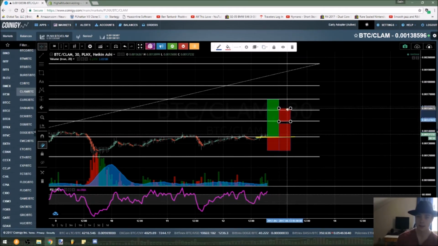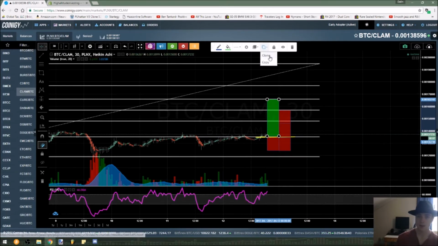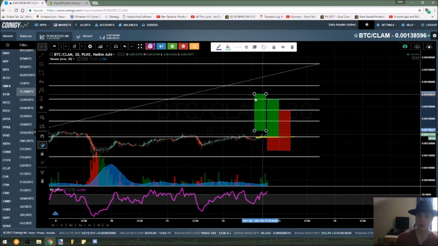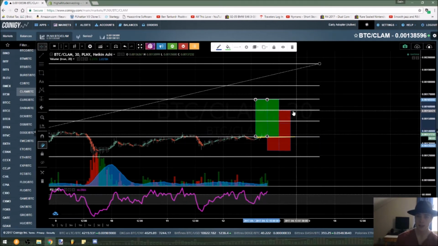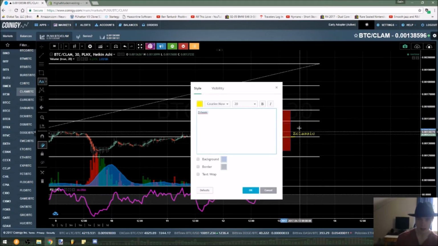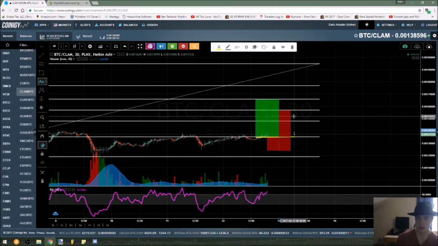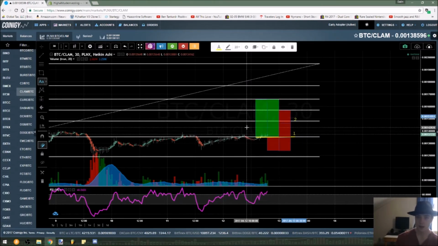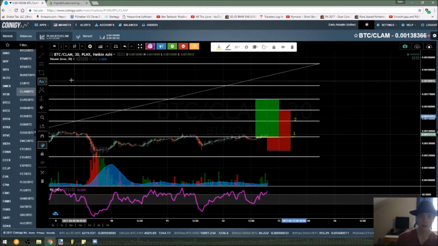So say we lost twice, and then say we got a winning trade afterwards, okay, so let's clone this. Over here on our right side is our losses. So here's our percentage loss in these trades so far. We've made two trades. I'll put little numbers next to them. So here's our first trade. Now here's our second trade. Now let's say that we made a third trade and it was in profit.